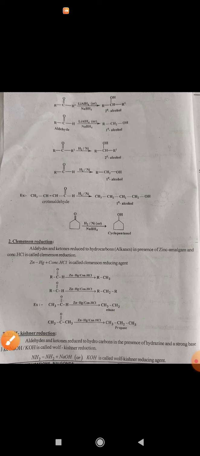Simply, aldehydes react with zinc amalgam and concentrated HCl to form alkanes. This reaction is Clemmensen reduction. Zinc amalgam plus concentrated HCl is the Clemmensen reduction reagent.